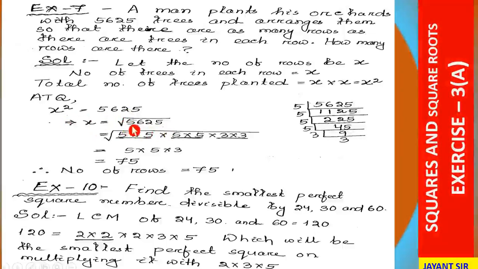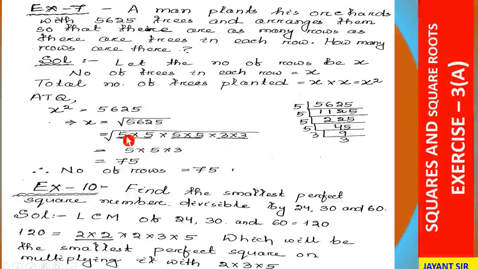Now we factorize: 5 ones are 5, 5 ones are 5, 5 twos are 10, 25, 5 fives are 25. Then 5 twos are 10, 25. Then 5 fours are 20, 5 fives are 25. Then 5 nines are 45. Then 3 ones are 3, 3 threes are 9.